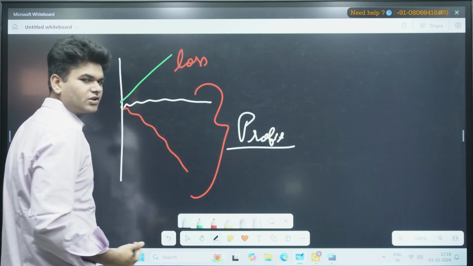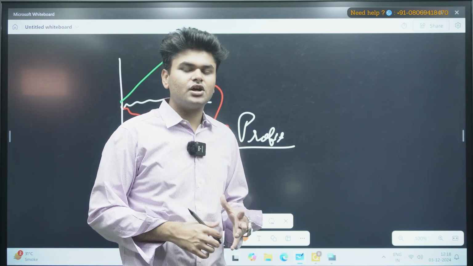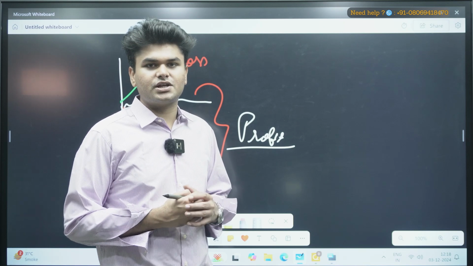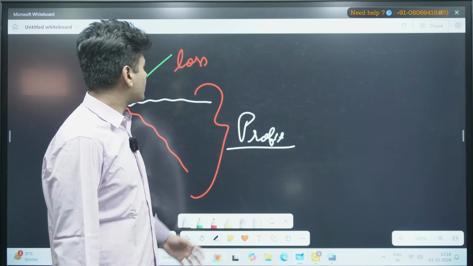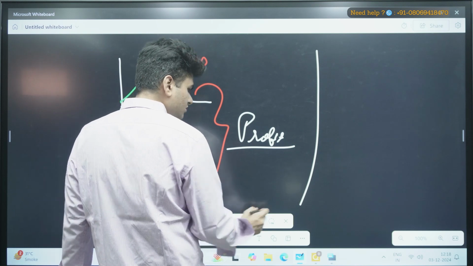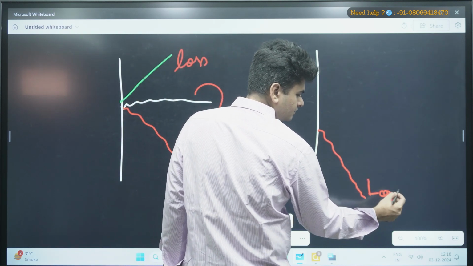Because when you're selling options, you have a theta positive strategy. That will help you with time decay, and in the time decay you will gain a little profit. Now if you are a put seller, you know that if the price is going down, you can make some losses.